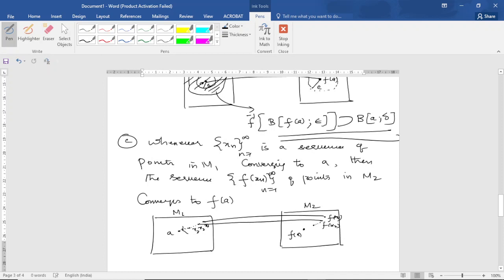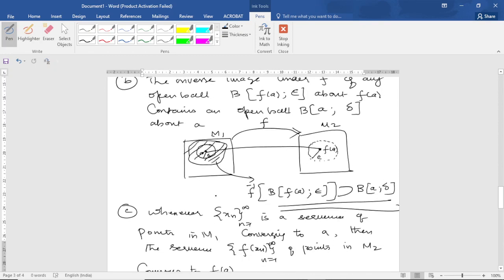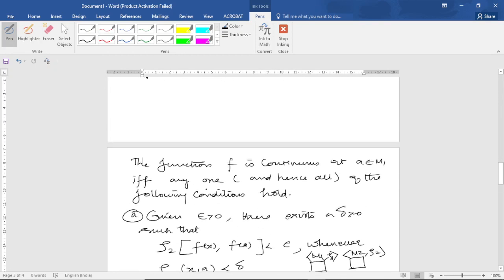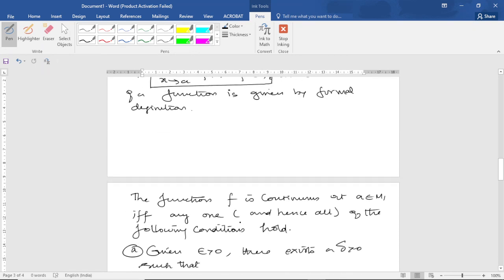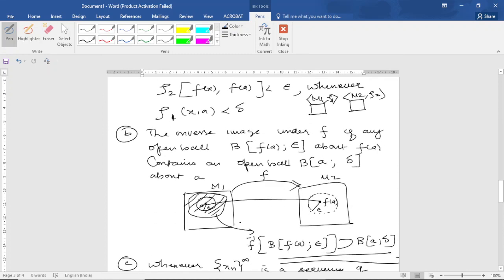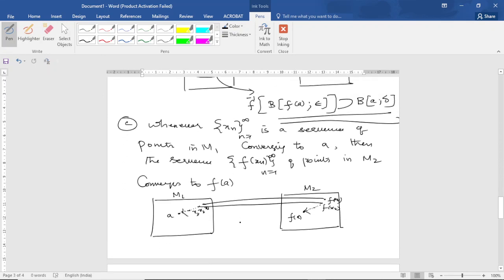This sequence f of xn will come very close to f of A. If this is happening for this point A, then we can say that the function is continuous at A, because if C is true, then these are all equivalent statements for continuous functions. If any one of these is satisfied, then I can say that the function is continuous. This statement C is already proved in the previous section for real valued functions.